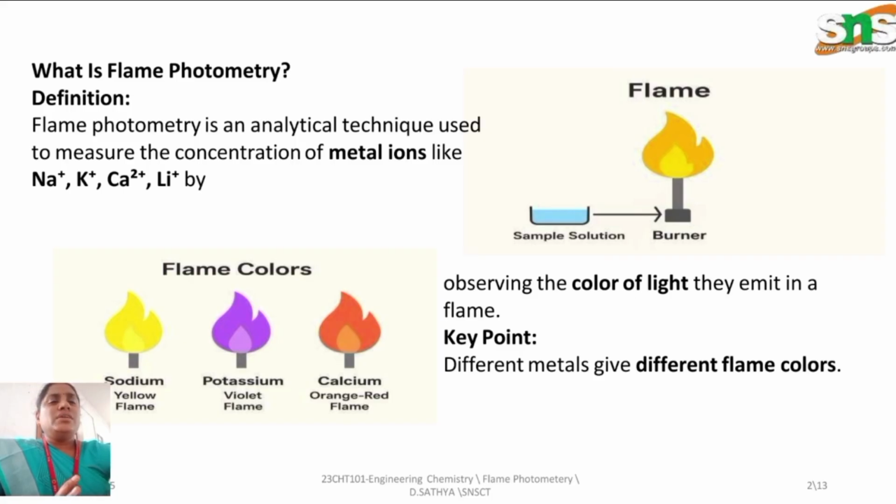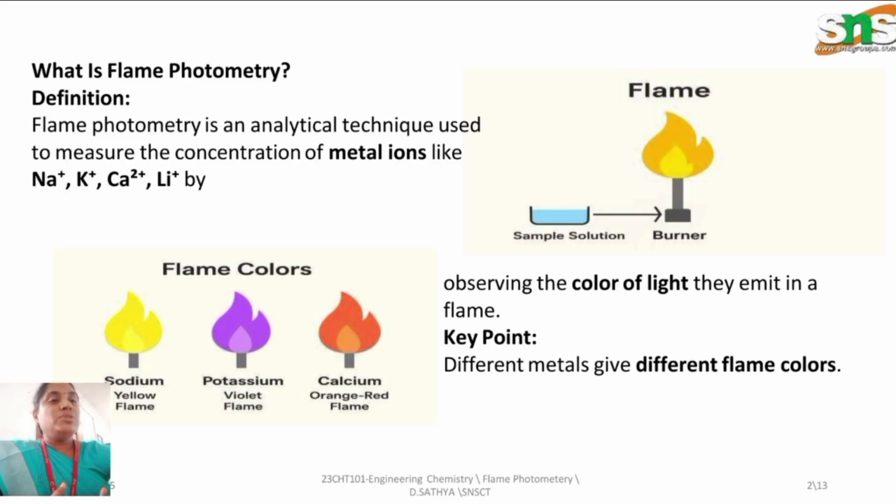So how do we calculate the metal ions? Because the flame colors are different for every metal ion. Sodium forms a yellow flame, potassium forms a violet flame, and calcium forms an orange-red flame. So by observing the color of the light they emit in the flame, the metal ion can be detected.